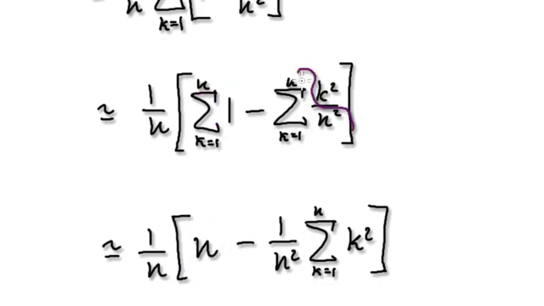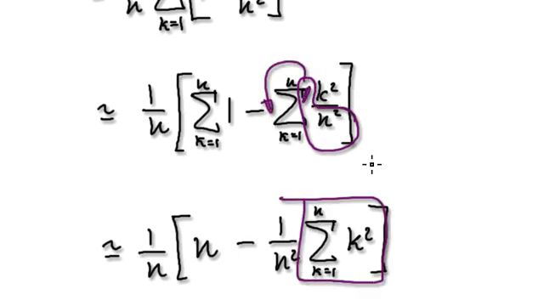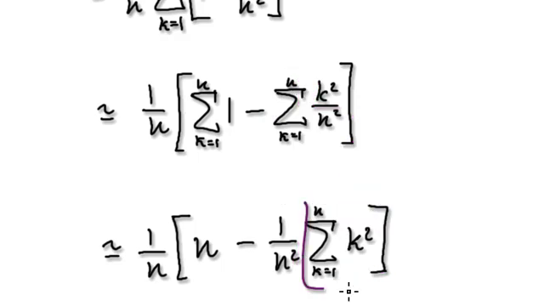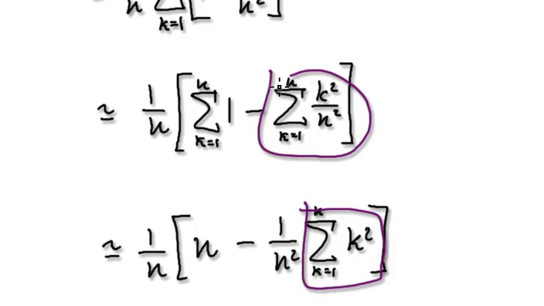Visualize this bit here as a constant, so it's like a 1 here. You can take it out. This thing here is quite complicated, so take the constant out, and then you can just concentrate on finding the summation of k squared. This is much simpler than this.